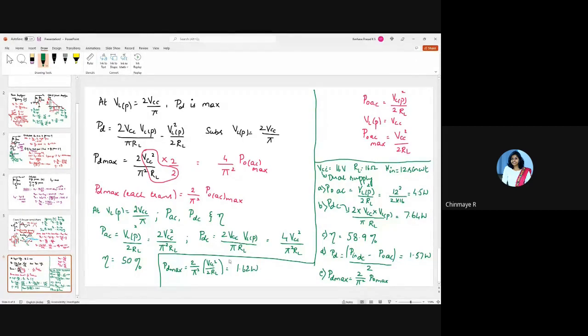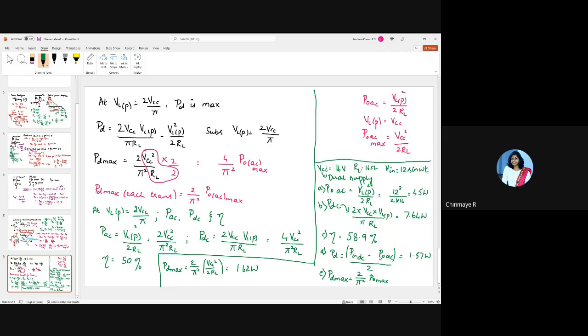So this is the maximum power each transistor can dissipate, but under the given conditions, each transistor is dissipating a power of 1.57 watts. It is still okay because this is still less than the maximum power that each transistor can dissipate, right? The power that is dissipated by each transistor in any case must always be less than the maximum power it can dissipate.